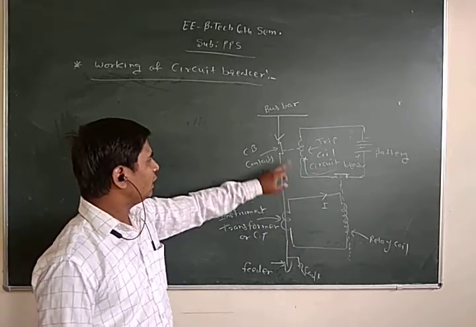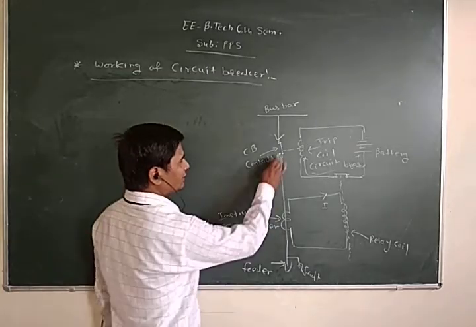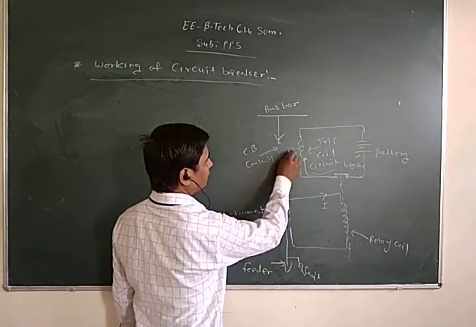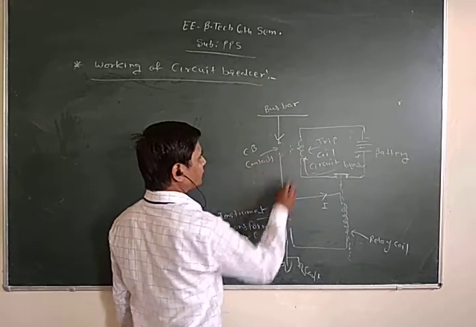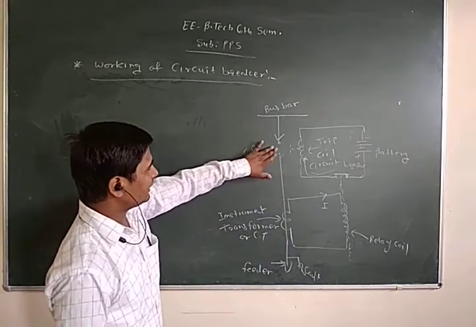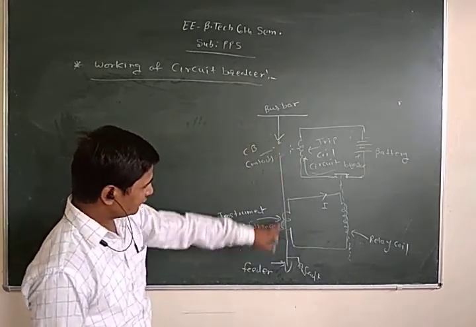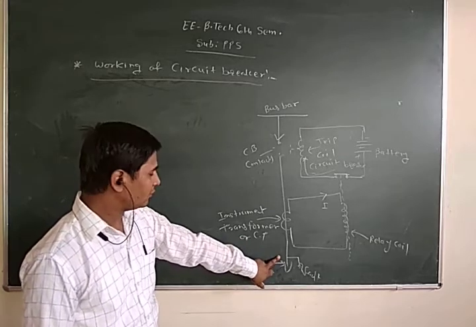In this way, the contacts of the circuit breaker are isolated. So it will trip the contacts of the circuit. Our circuit is now in open condition, so there is no current flow in the feeder.